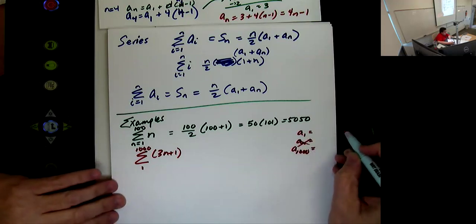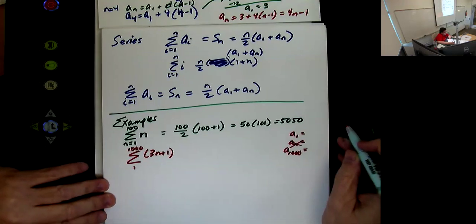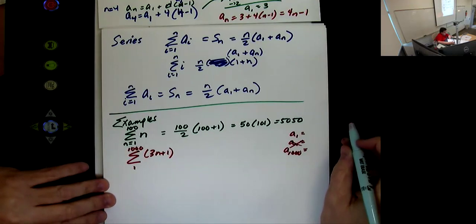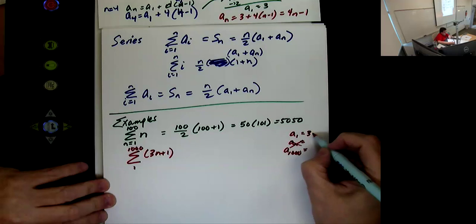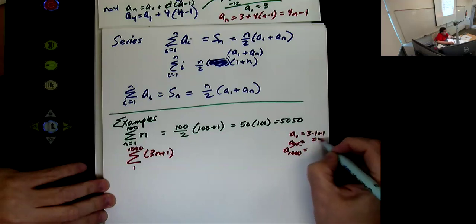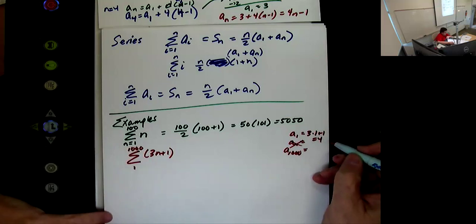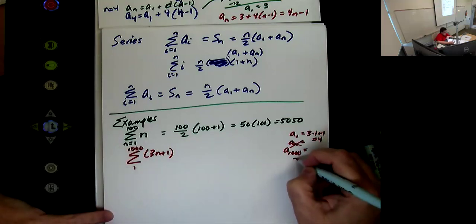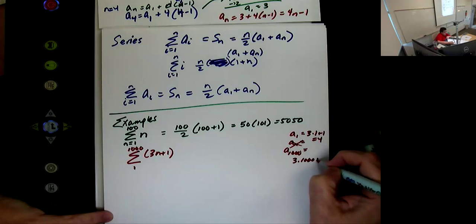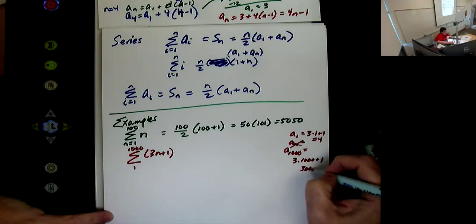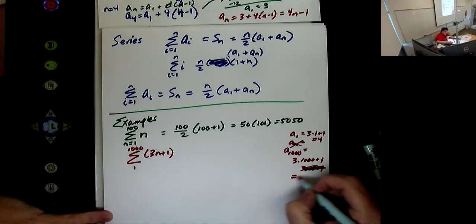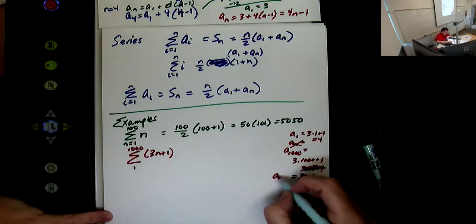What's a sub 1? Three times 1 plus 1 is 4. We're just plugging it in. The last number is going to be 3 times 1,000 plus 1, or 3,001. That's n equals 1,000.